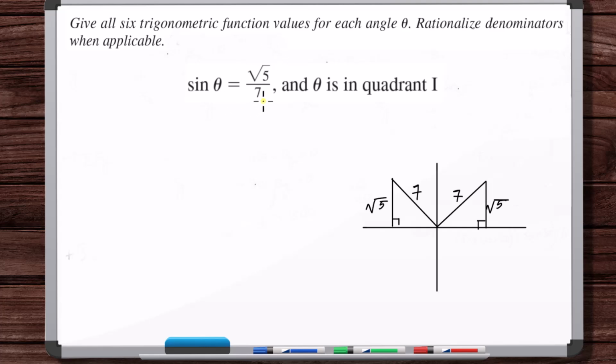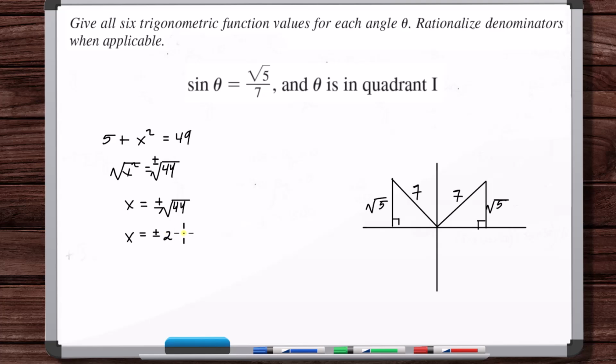Then we can use the Pythagorean theorem to get the other side length. So root 5 squared is 5, plus x squared is equal to 7 squared, which is 49. So x squared is 44. 4 times 11 is 44.